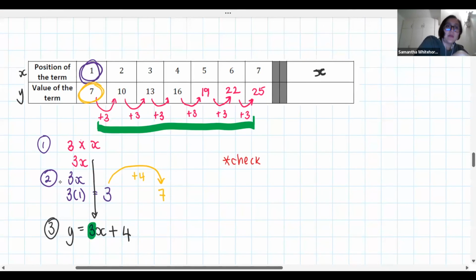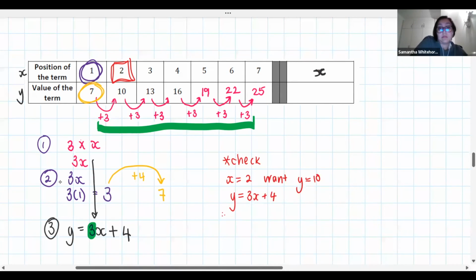So we're going to check with our next input value of 2. X equals 2. We want to make sure that we get a y or an output value of 10. All right. If we take our rule, y is equal to 3x plus 4, we get, what do we get?